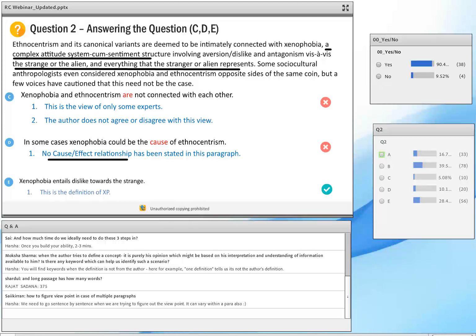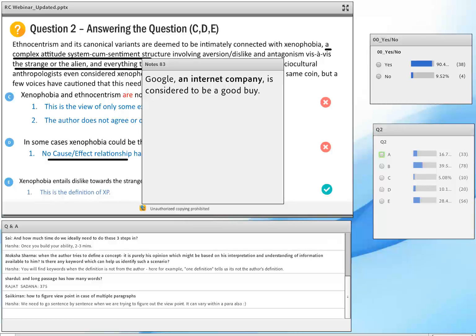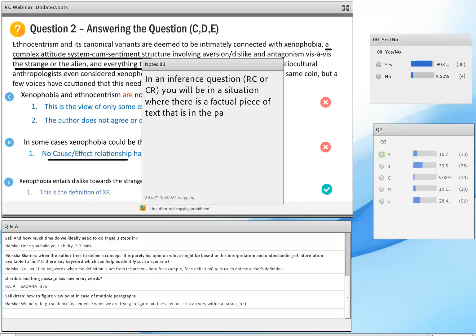What I'm trying to tell you is, and let me put in my notes pane over here, you will not get, in any instance, in an inference question, whether in RC or CR, a situation where there is a factual statement in the passage that is repeated in the answer choice, and you have to determine whether that is correct or not.